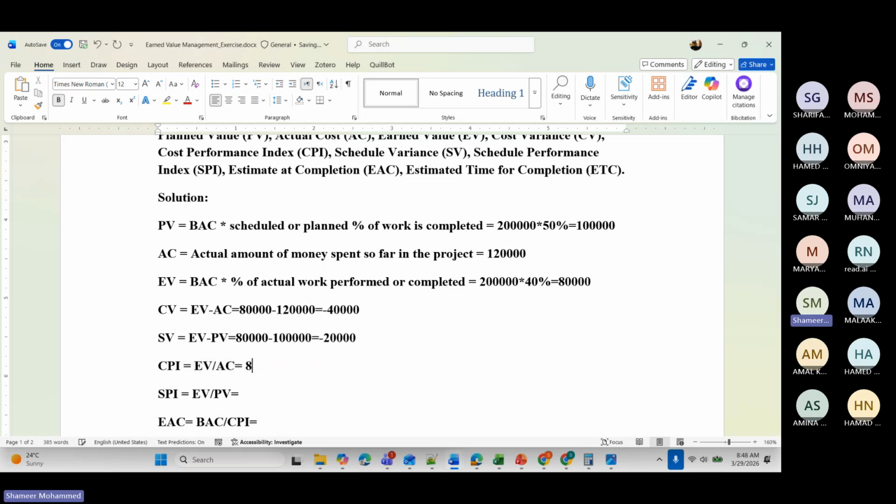So 80,000 divided by the actual cost of the project, 120,000. How much is the answer now?